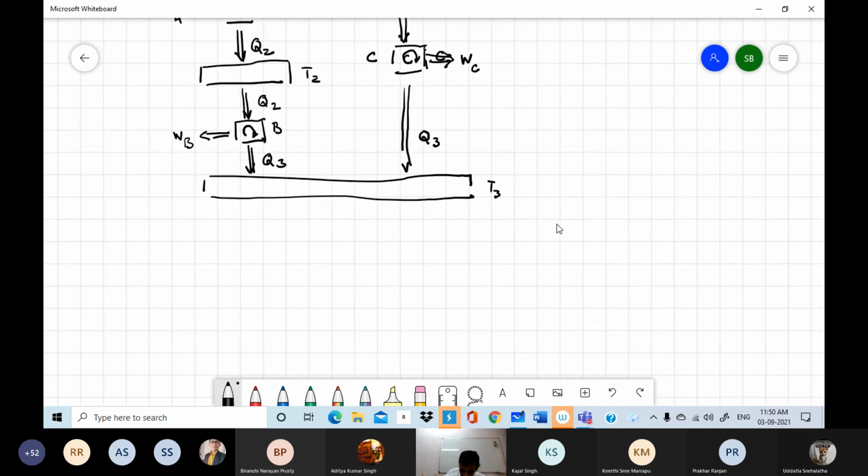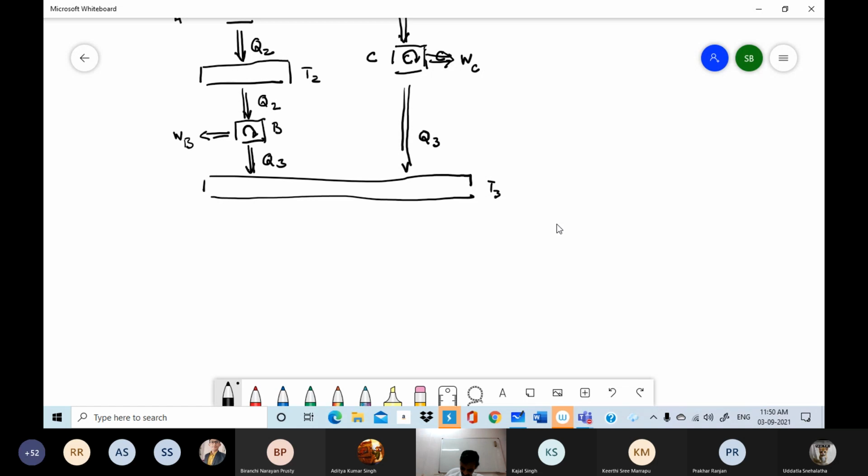So in general, for a Carnot cycle, the thermal efficiency, this is what it is by definition. W is equal to QH minus QL. Now this is a function only of the temperatures.